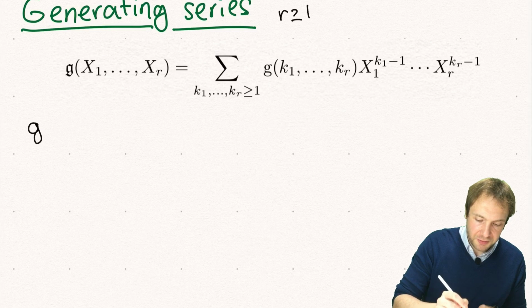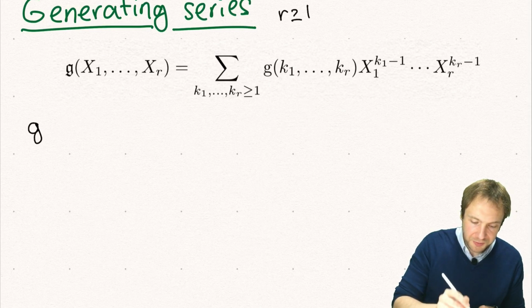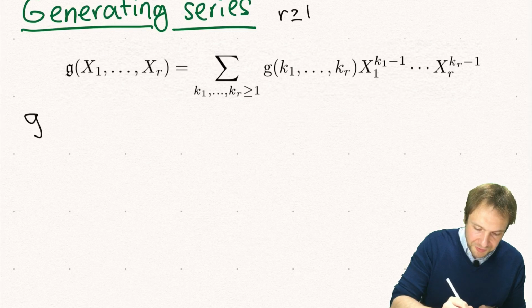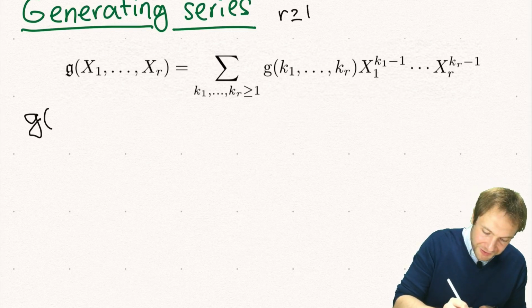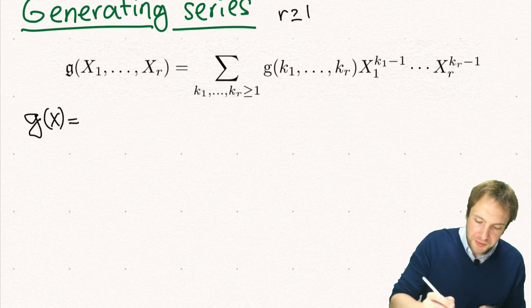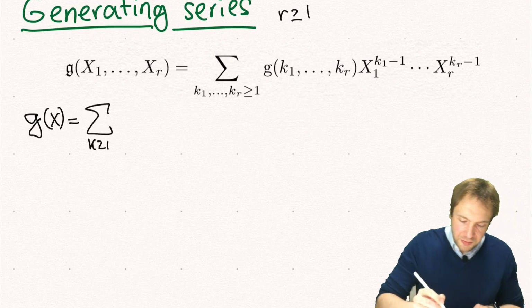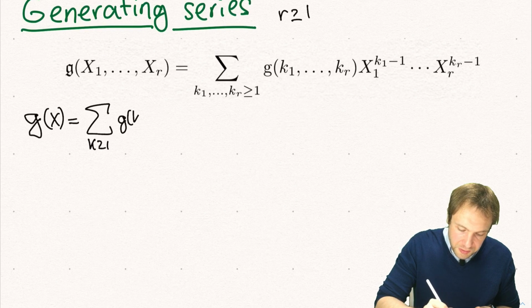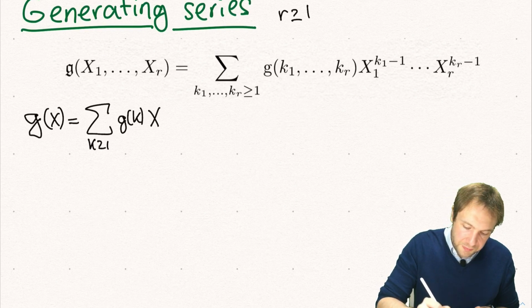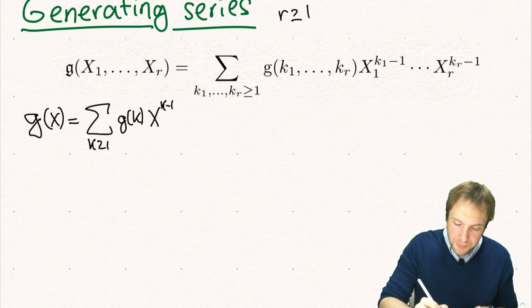So what is German G of x? This is a generating series of small g, x to the k minus 1.